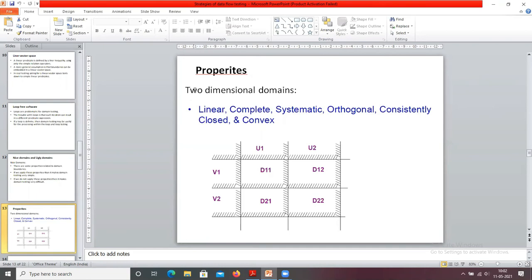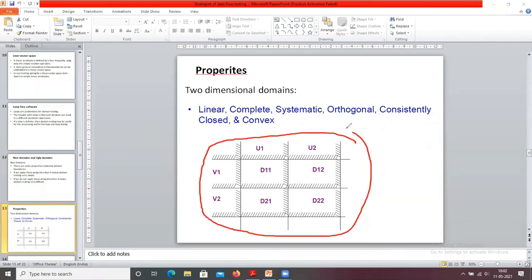The first one is two-dimensional domains. These are linear, complete, systematic, orthogonal, consistently closed, and convex. If you see this diagram, two dimensions, rows and columns. For domain D11, the boundaries are V1, U1.